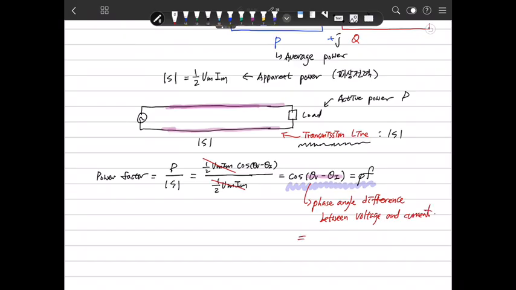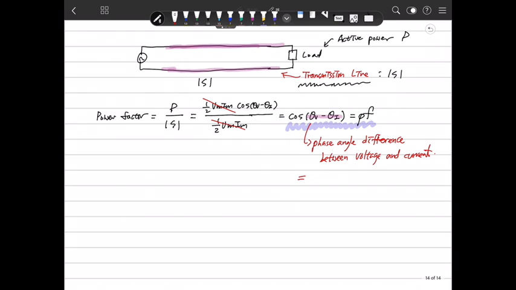We call this the impedance angle. When it is the impedance phase, we call this the load angle, because that is determined by the load, not by the source. So the power factor is determined by the load.